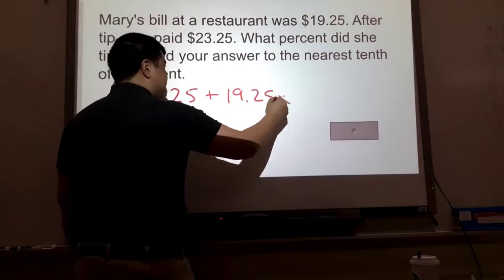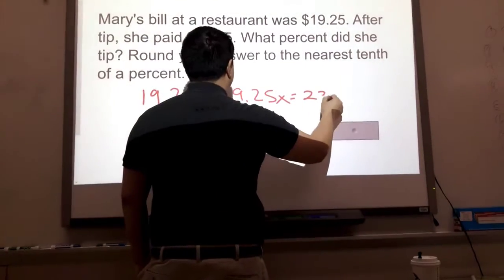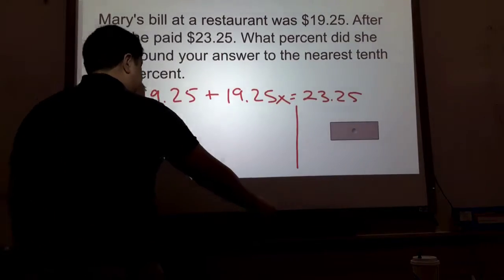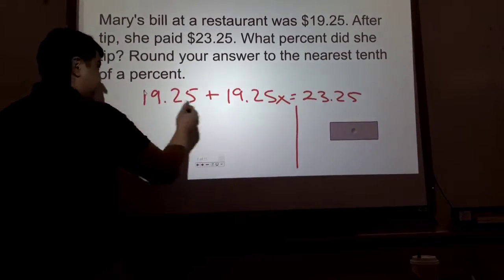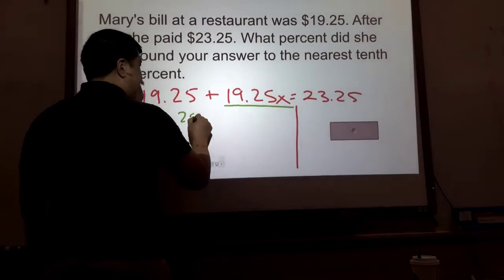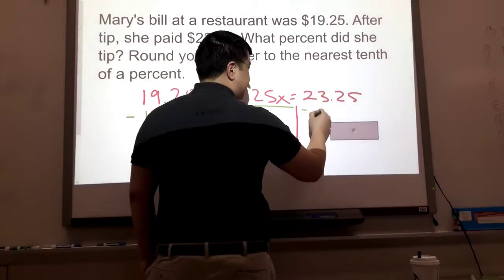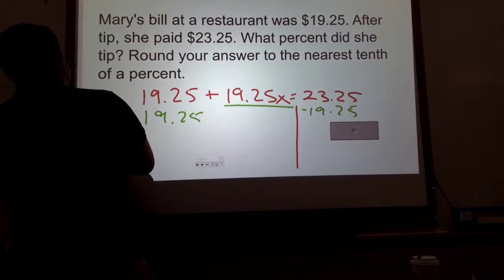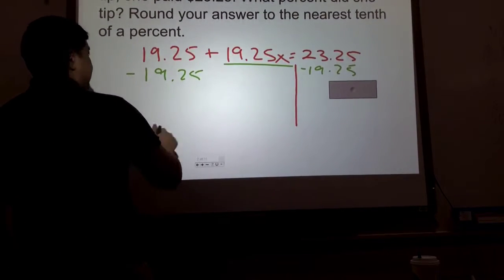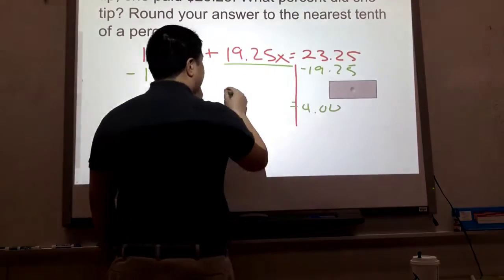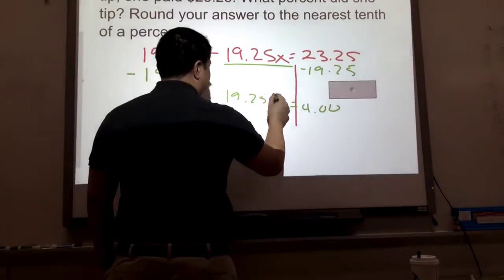We don't know what the percent change is, so we're going to write x, which should equal 23.25. Draw our line down the middle. We're going to subtract to isolate this term right here. Minus 19.25 minus 19.25. Again, the change is $4. We got 19.25x.